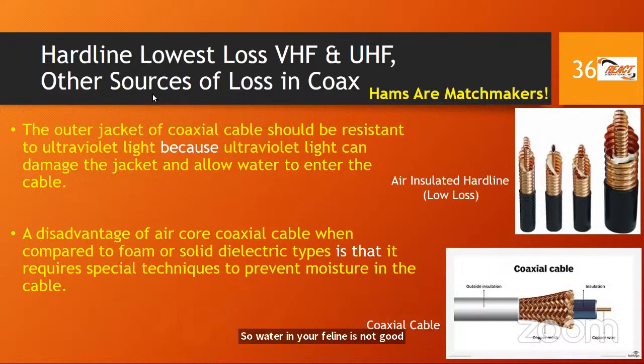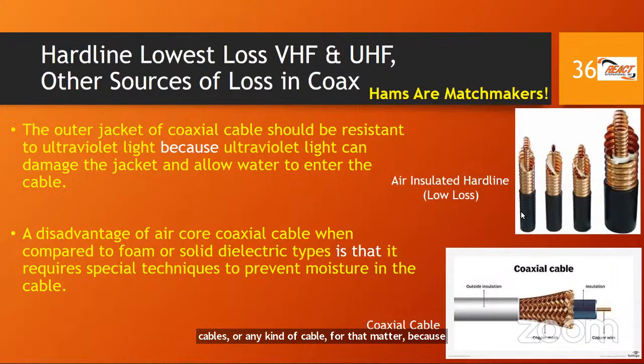All right. So a couple of other things we need to learn for the exam. We did say that hardline is the lowest loss type of cable of all that we have discussed compared to coaxial cable. We also need to know that UV light, or ultraviolet light, is not good for coax cables, or any kind of cable for that matter, because it can cause deterioration, especially in the outer jacket.